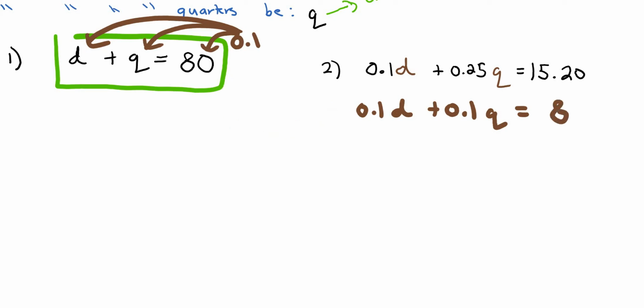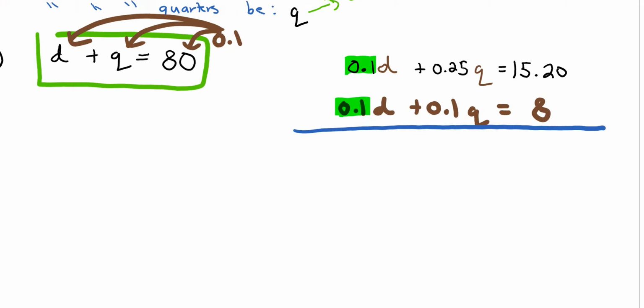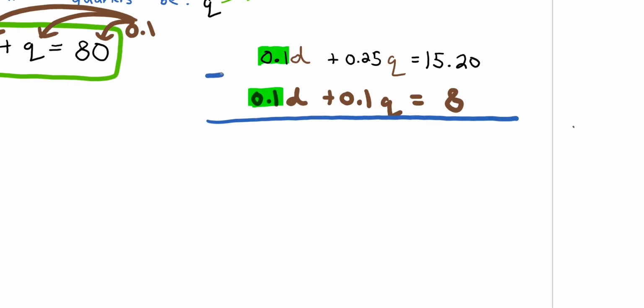As you can see, I made sure the coefficients in front of the D variable are the same, and now I can go back to what we've been doing a lot in chapter 6, solving by elimination, and I will solve by subtracting.